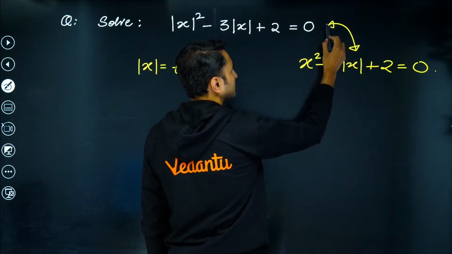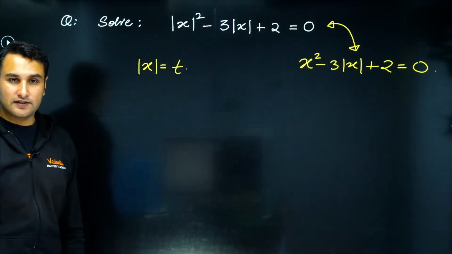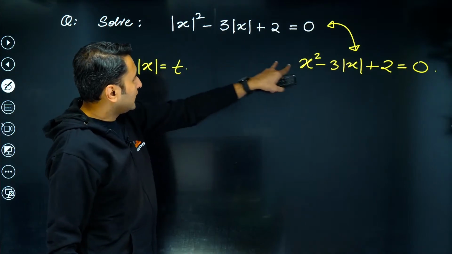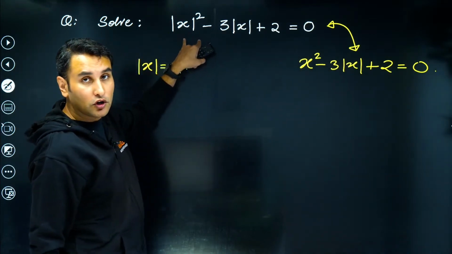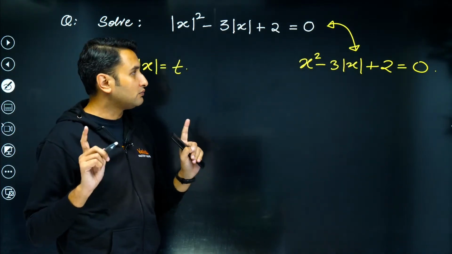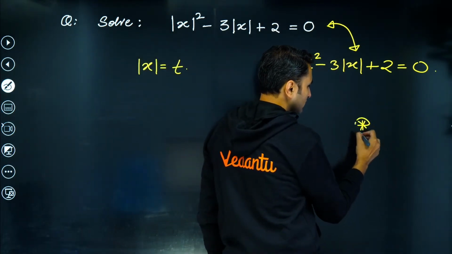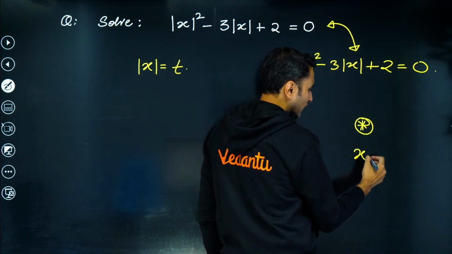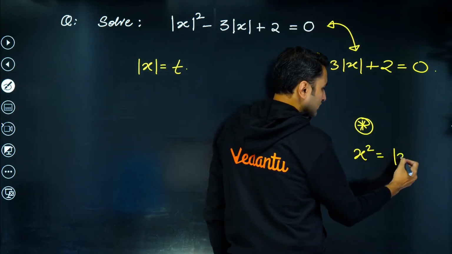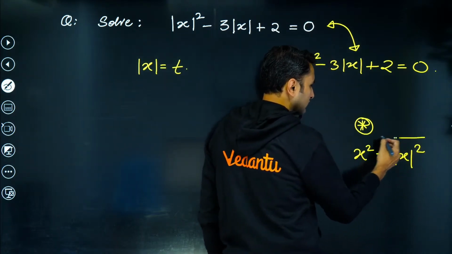Remember this. Both these problems are the same. Here you have x square, there you have mod of x square. Remember, both are the same. So you can actually make a note that x square can also be written as mod x whole square.